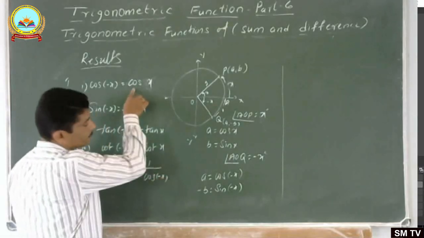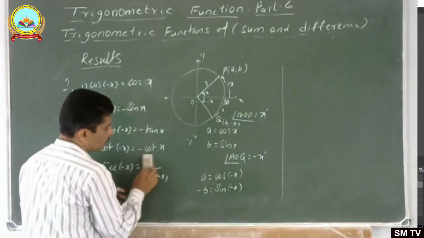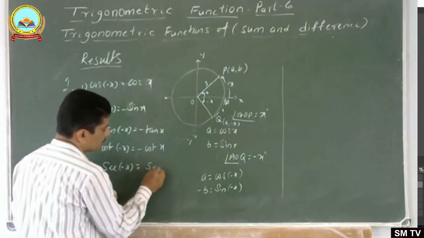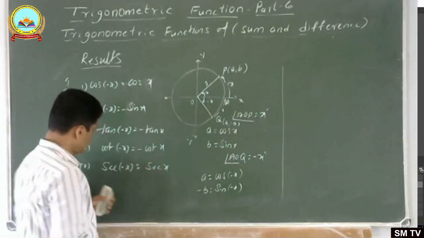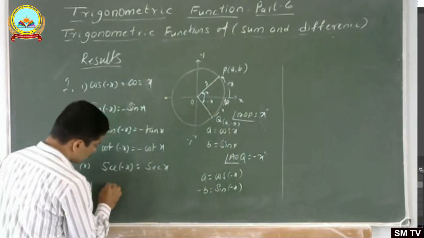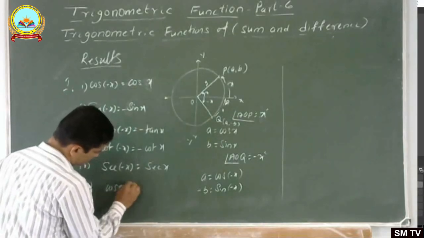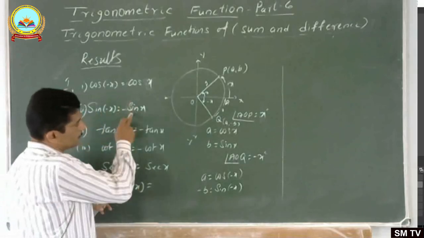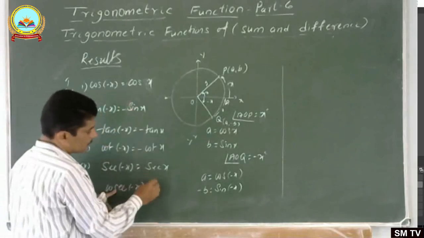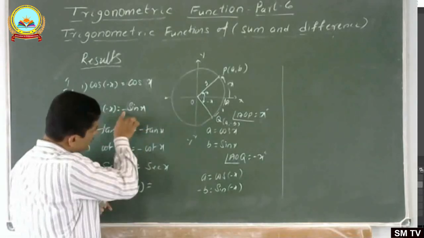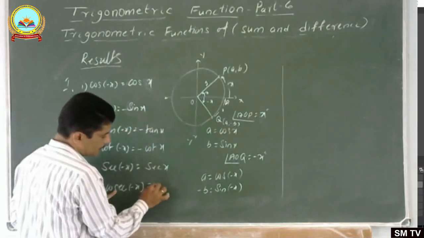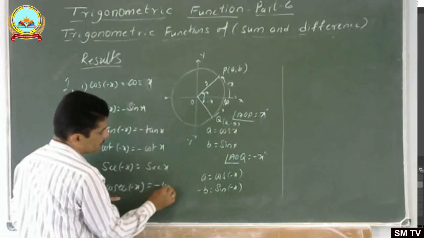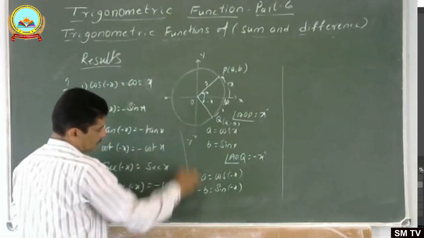Cos of minus x means cos x, so 1 by cos x is exactly secant x. And the sixth one is the cosecant of minus x, which means 1 divided by sine of minus x, that is 1 divided by minus sine x, which is minus 1 by sine x, meaning minus cosecant x. It is clear.